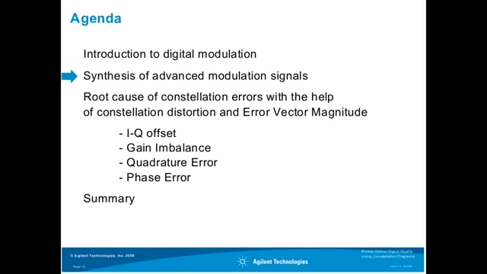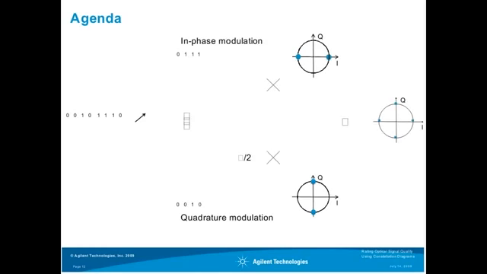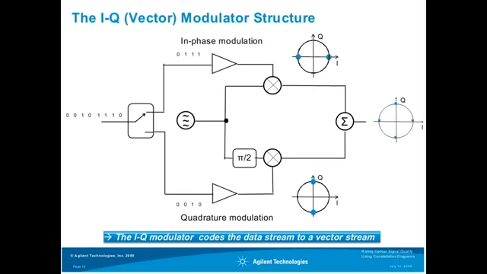So now let's have a brief look at the way we can synthesize this kind of signals. Here I have outlined the basic structure that is used in RF and in optical modulation to create an IQ signal, or an in-phase quadrature modulated signal.